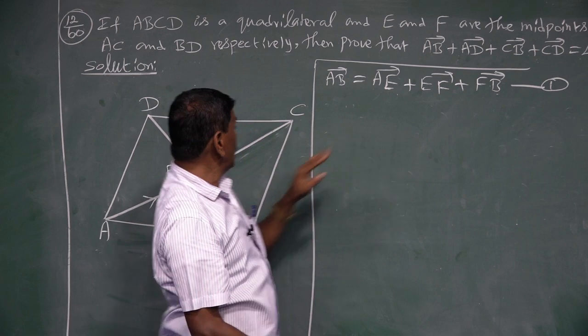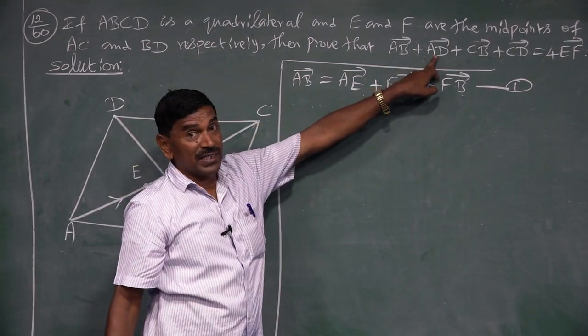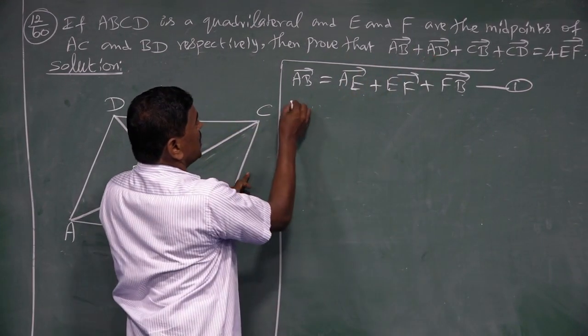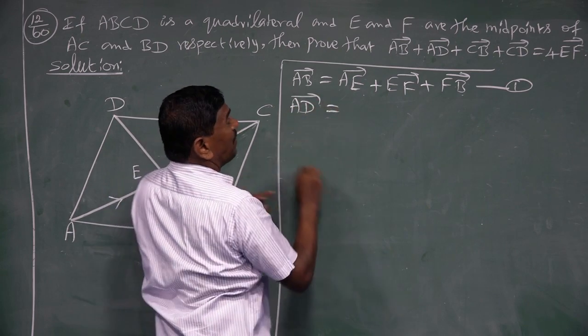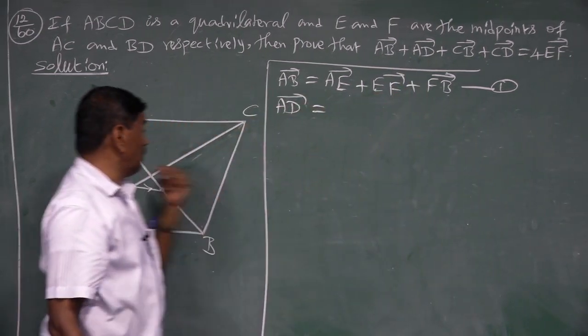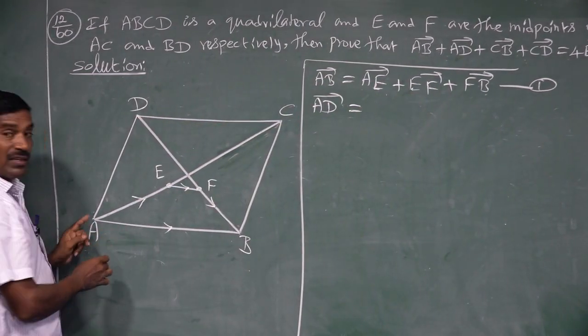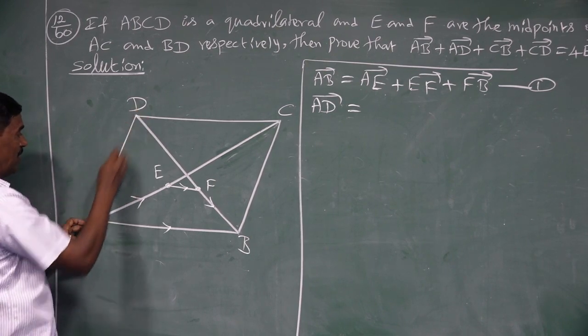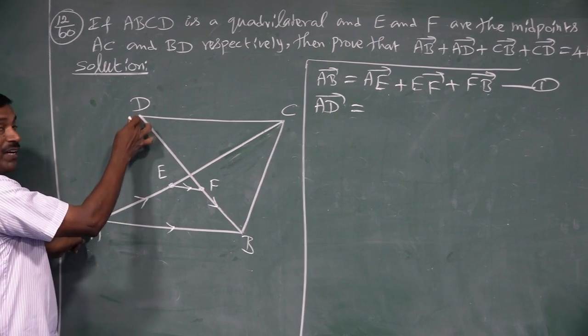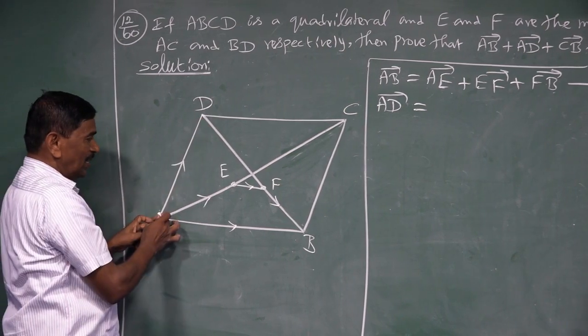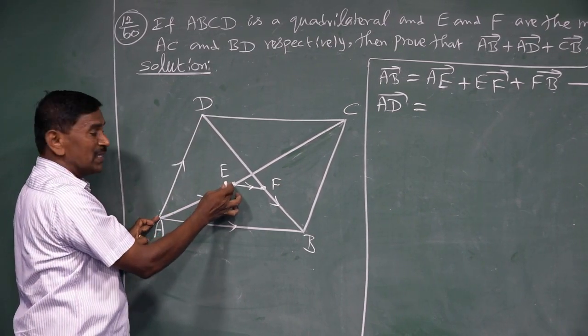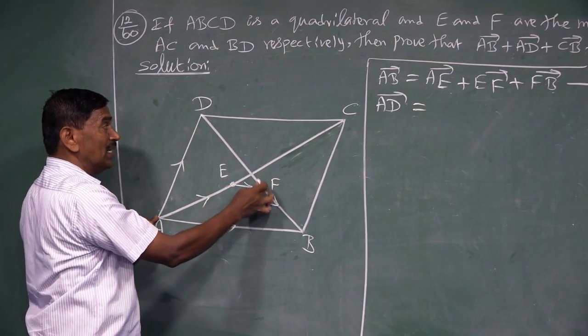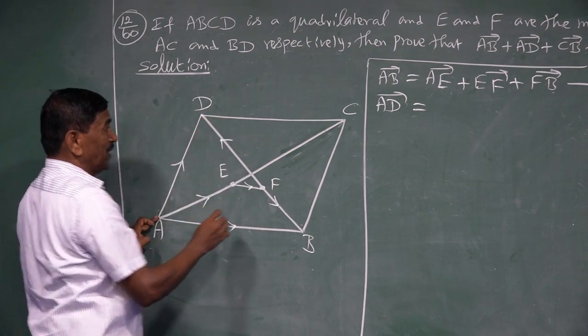Okay. Now come to the second term. What is AD vector? Second term is AD vector. Now listen. AD vector is equal to, from the diagram, AE vector plus EF vector plus FD vector.